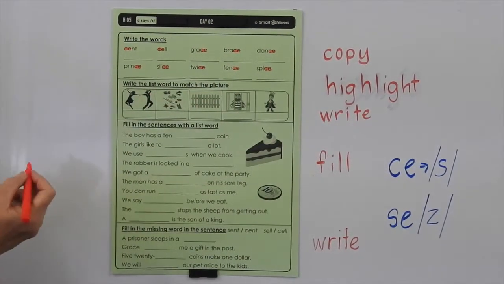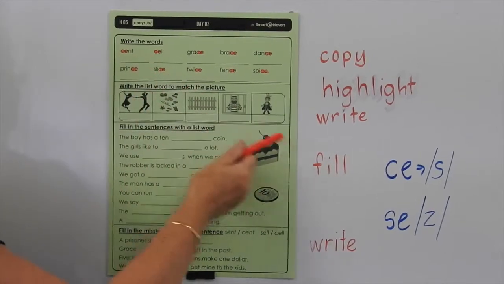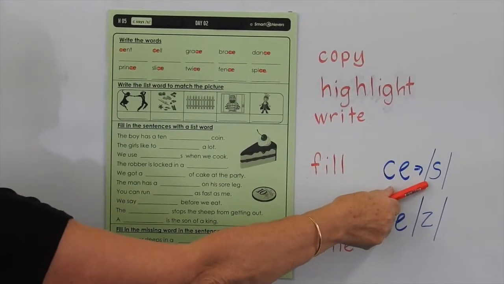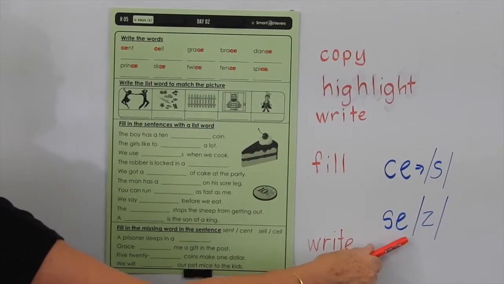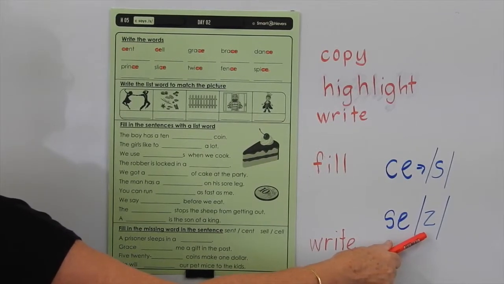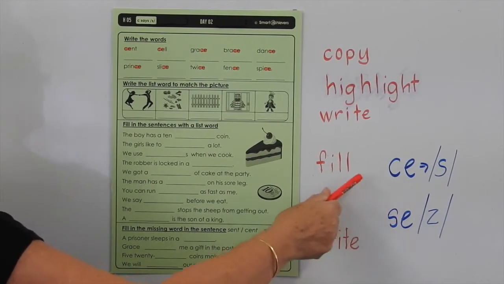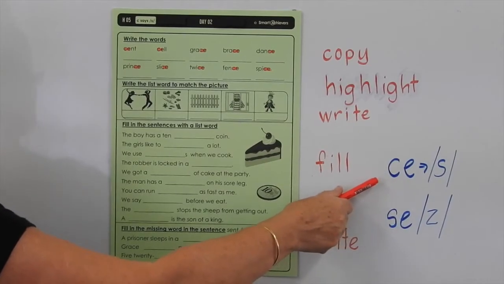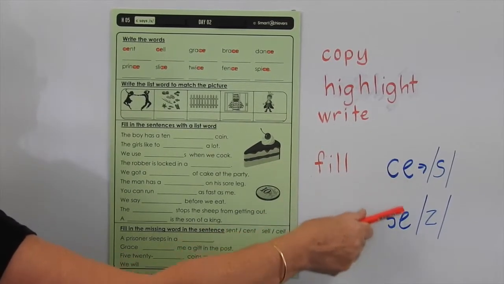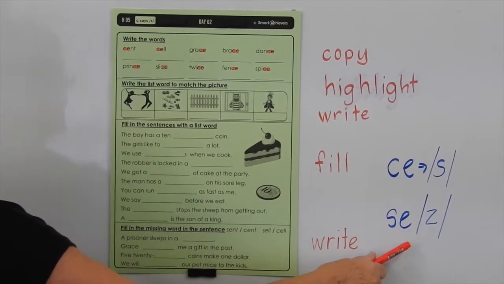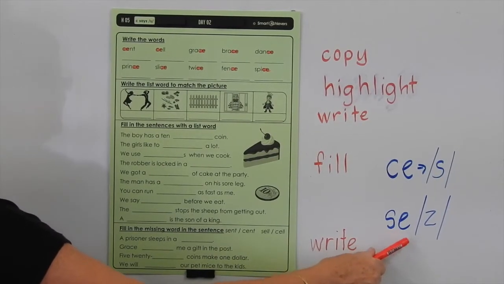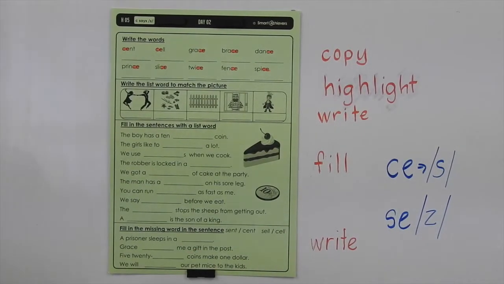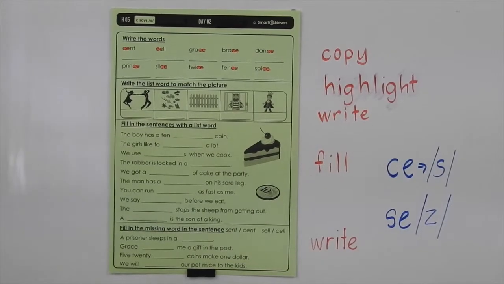Whenever we see CE at the end of a word, it's going to say S. And when we see SE at the end of a word, it usually says Z. So if we want the S sound at the end of a word, we commonly write CE. But if we want a Z at the end of a word, we commonly write SE. So let's read them, sound them, spell them, write them.